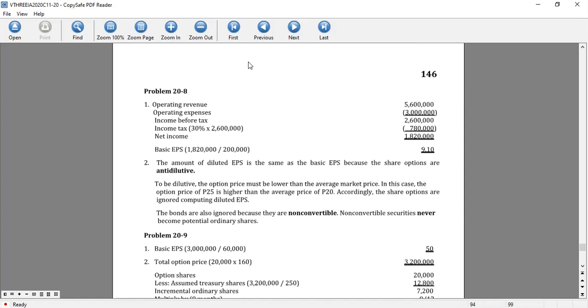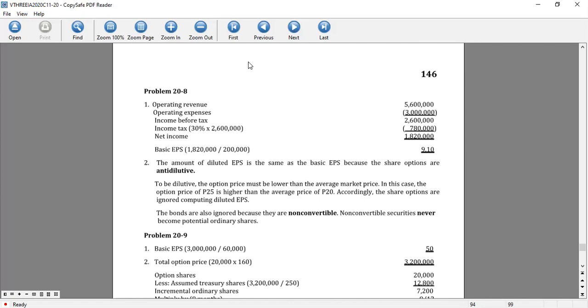Now the outstanding shares of 200,000 at the beginning of the current year, you got the total options outstanding to purchase 40,000 ordinary shares at 25. However, the ordinary shares outstanding during the entire year is given at 200,000. So the basic EPS is 9.10.